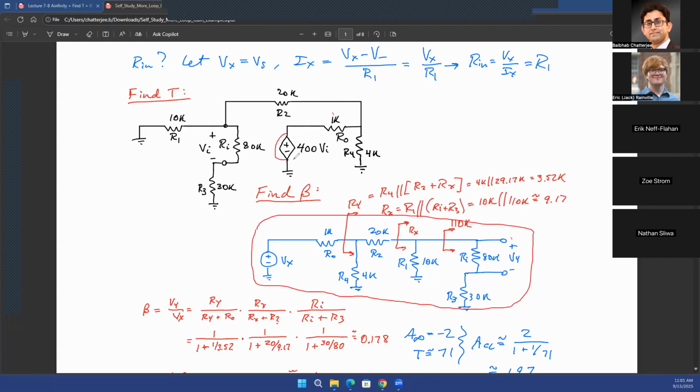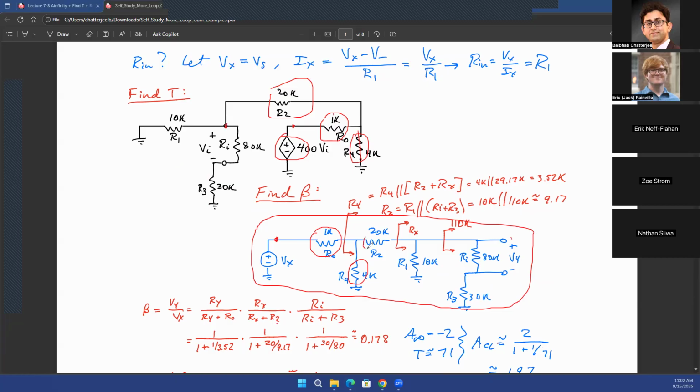So instead of this dependent voltage source, you start from the output node here. Let's call that point Vx. After that, you have this RO, which is this resistance. Then you have R4 going to ground, which is this resistance here going to ground. And then there is a parallel path, which is 20 kilo ohm, this R2, going back to the input positive terminal over here.